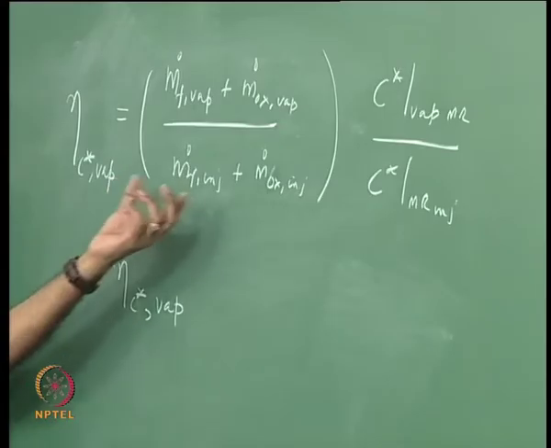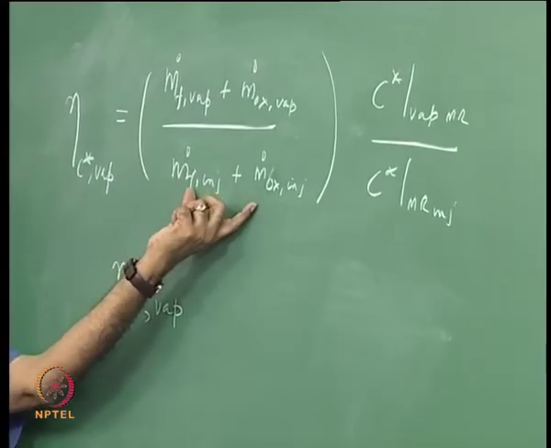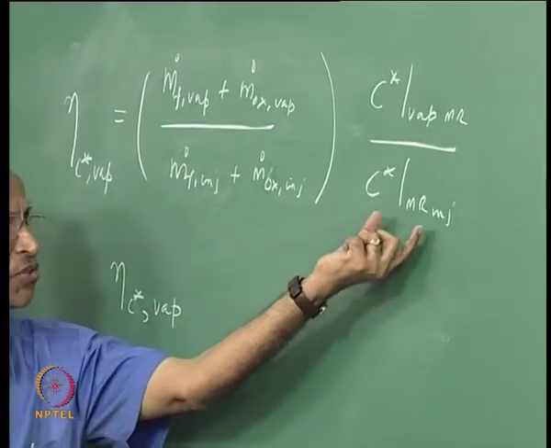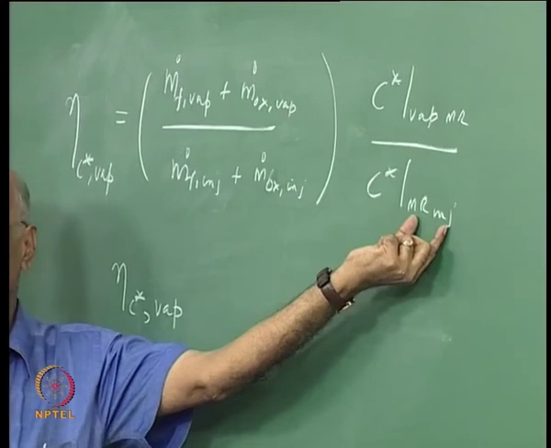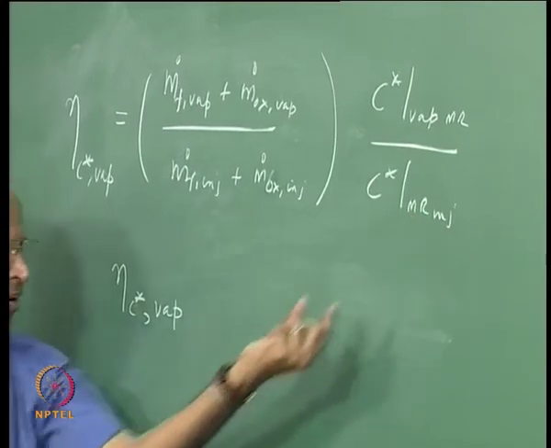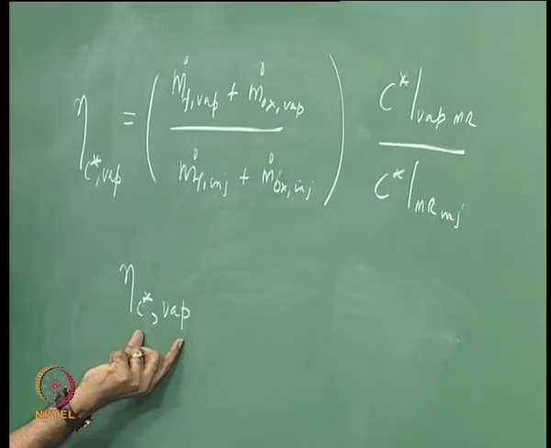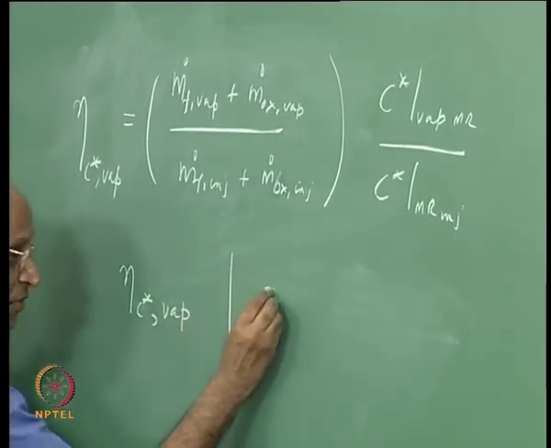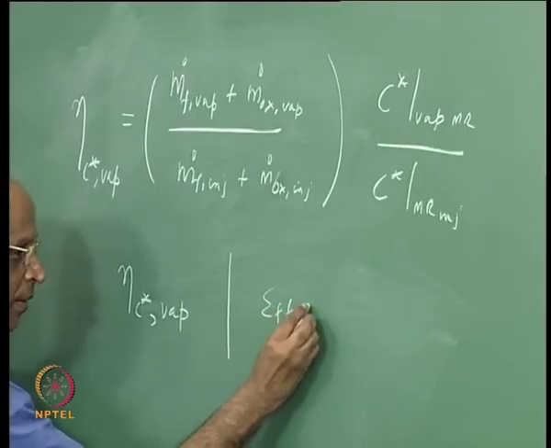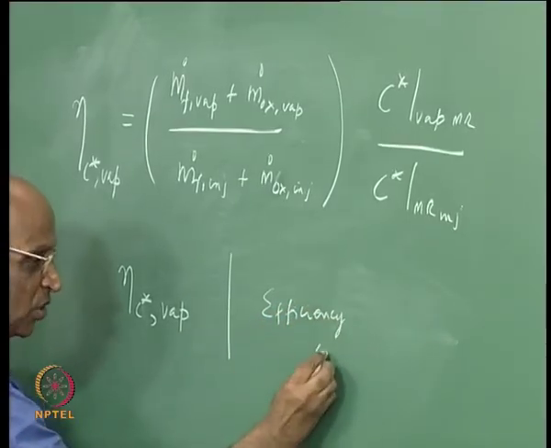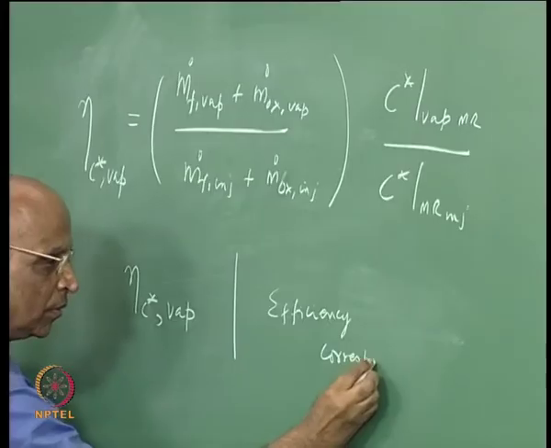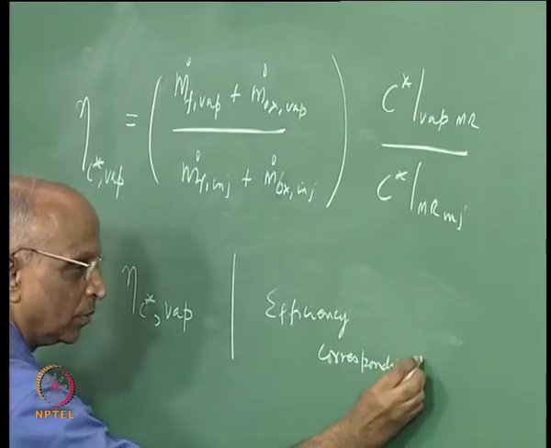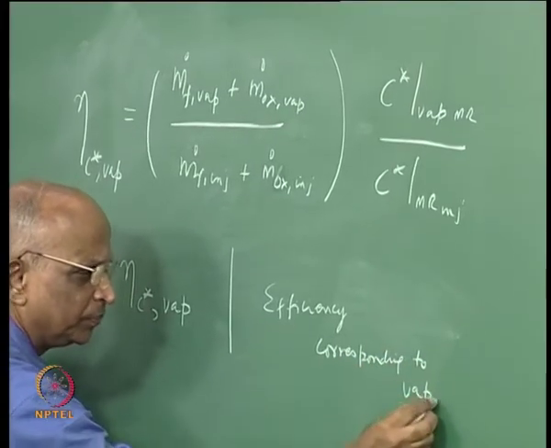And in this term I find this will be always less than 1. This, depending on the choice of my injection, could be either less than 1 or greater than 1, but in general the C star vaporization will be less than 1, and therefore I get an efficiency corresponding to vaporization.